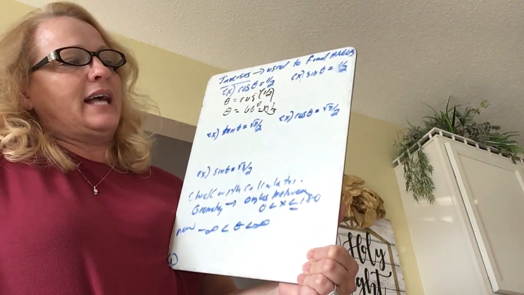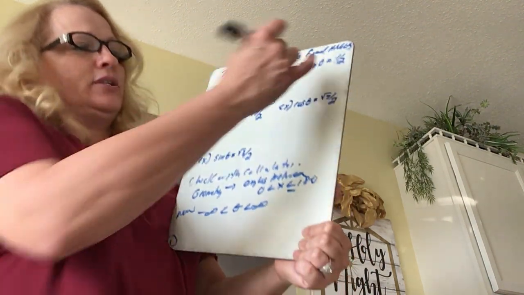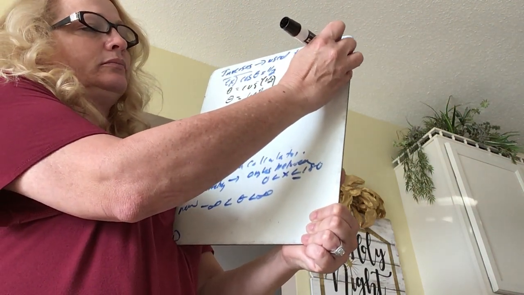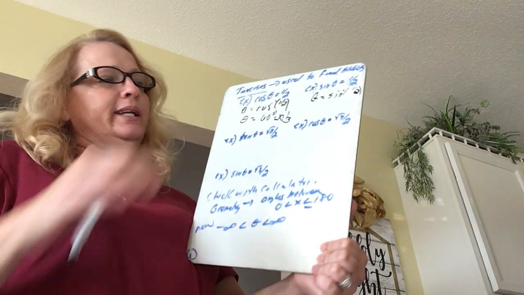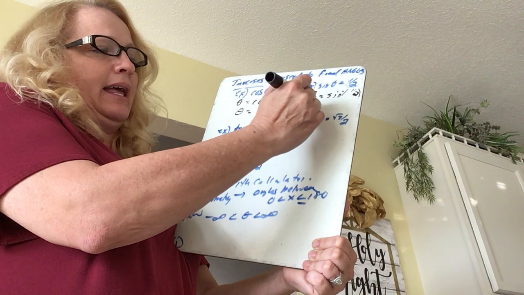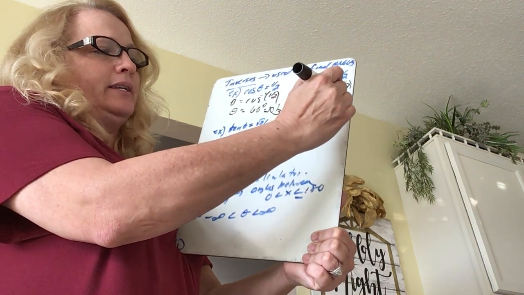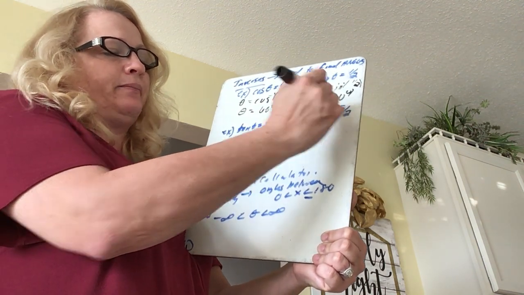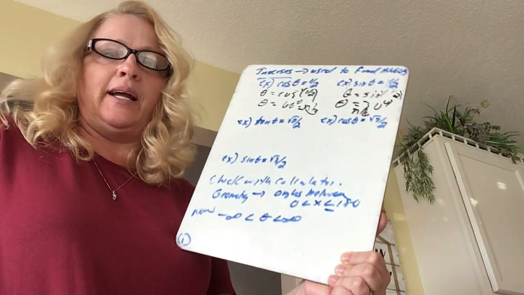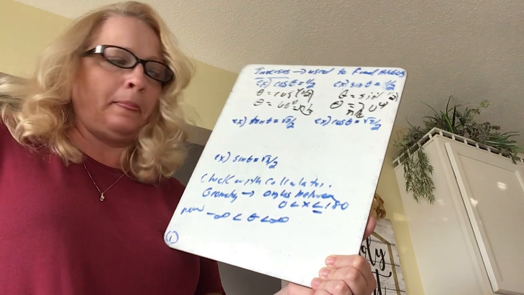Now, sine of theta is 1/2. If we did sine inverse, we're asking the sine of what angle is 1/2, and that would be 30 degrees or pi over 6. So when we're thinking of inverses, we have to think like we're working backwards.